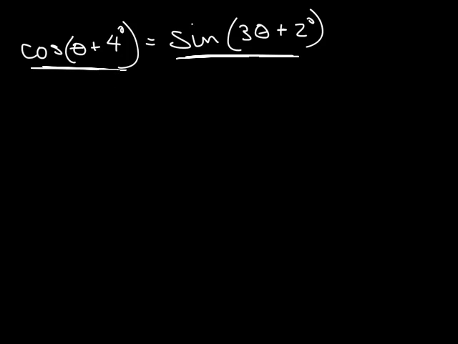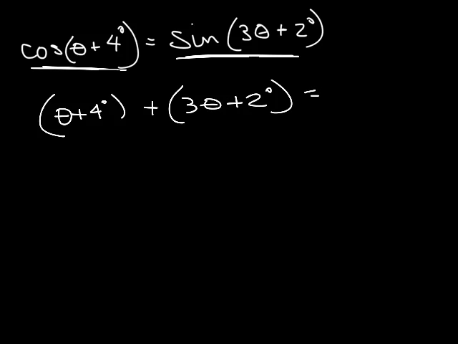So if they're saying that they're equal, that means that I can say that this angle plus 4 degrees is going to be added to this angle plus 2 degrees, and that's going to be a 90-degree angle, because if they're cofunctions, if you take the angle of this one and the angle of this one and add them up, you're going to get 90. You have to.